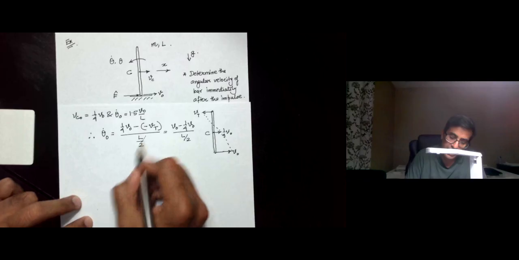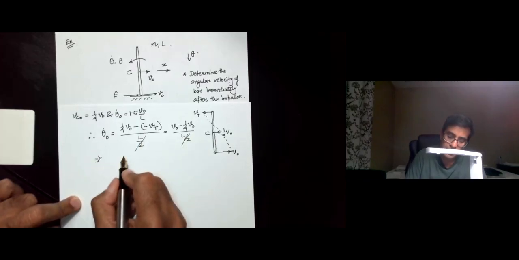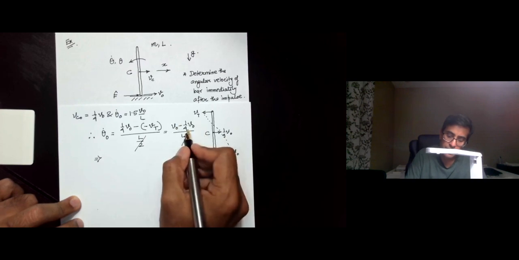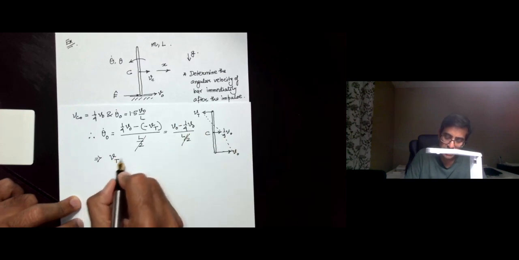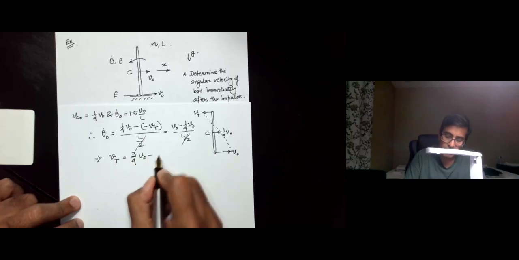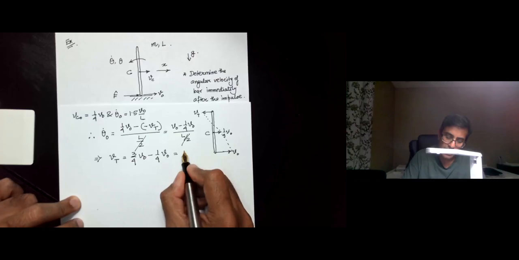If I cancel this L by 2 from both sides, this is 3/4, so I get vt is equal to 3/4 of v naught minus 1/4 of v naught, so that is half of v naught, right?